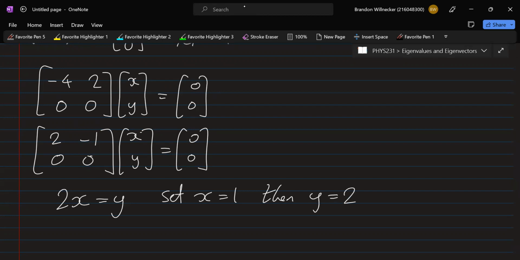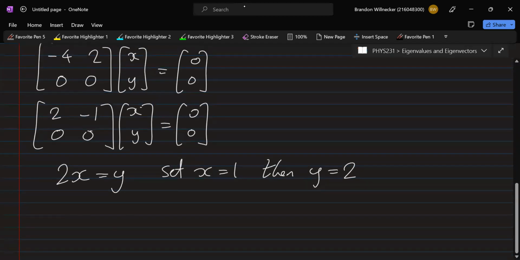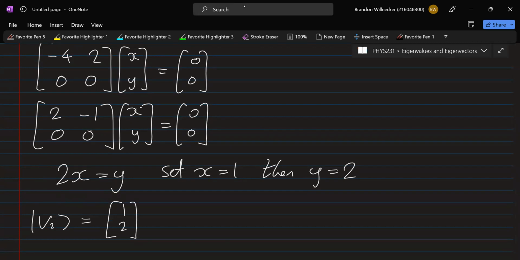Of course, we could have chosen x to be anything because we're working with the span of the vector, but that's just the simplest thing to work with. So this gives us v2 is equal to x is 1, y is 2. And of course, any other multiple works as well because it will be in the span, but we want to make things as simple as possible. And this is with lambda 2 is 3.